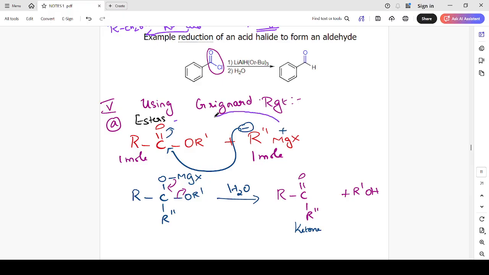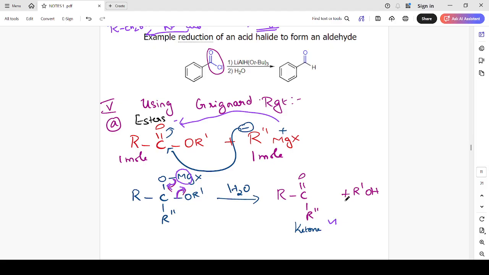This Mg plus X will go along with it, so that becomes OMgX and R dash is there. Followed by water hydrolysis. Mg is a very active metal, definitely wants to go with OH, right? So this bond cleaves and this R dash goes out, so that I created a ketone.